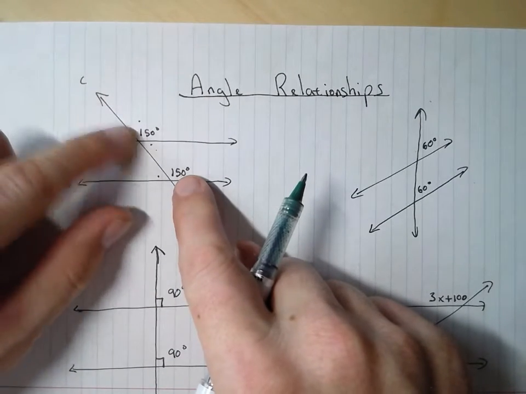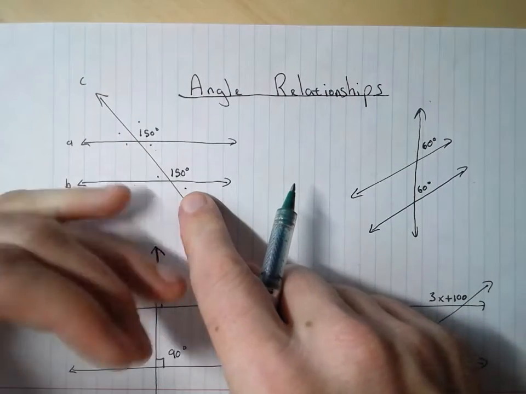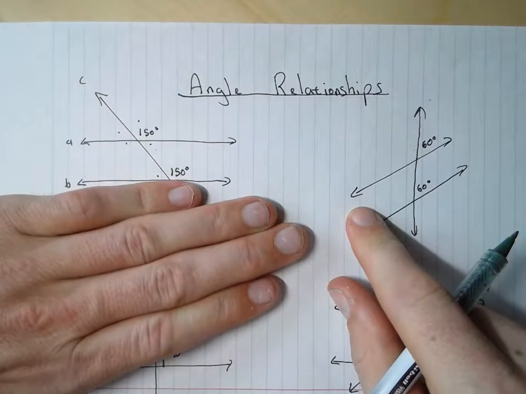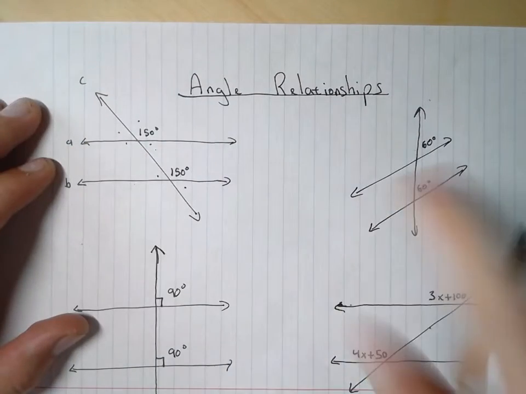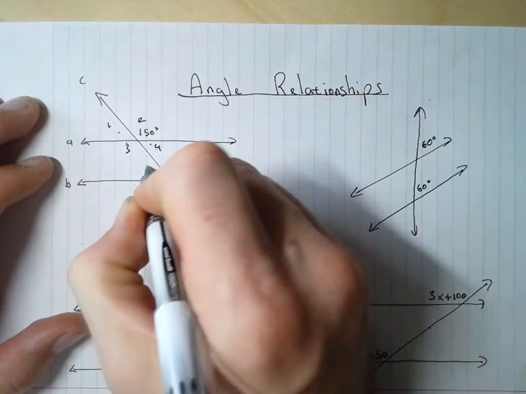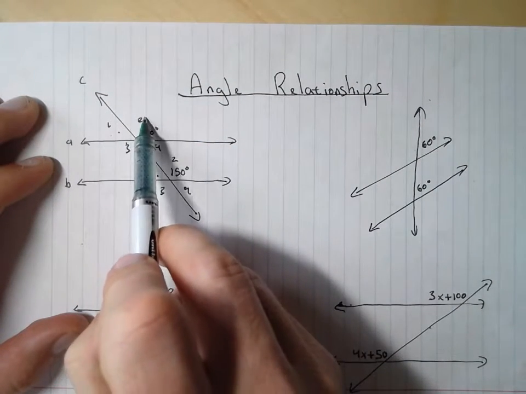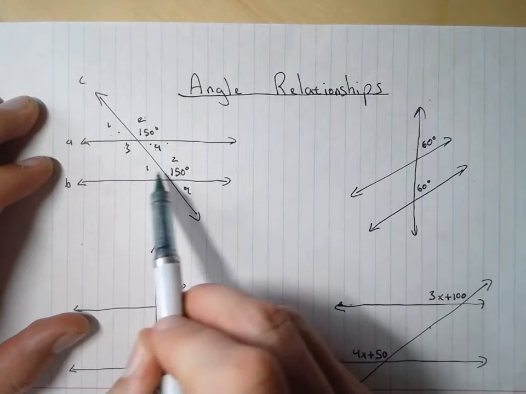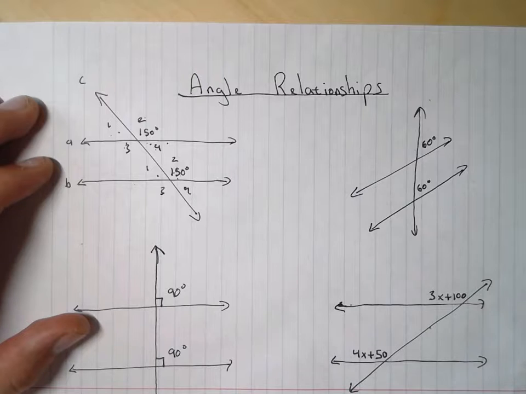the angles are corresponding. They're both on the same side of the transversal, but one is on the inside of the parallel lines and the other is on the outside of the parallel lines. And we can see that they are in the same position. If this is position 1, position 2, position 3, position 4, both the angles are in position 2, so we call them corresponding angles.